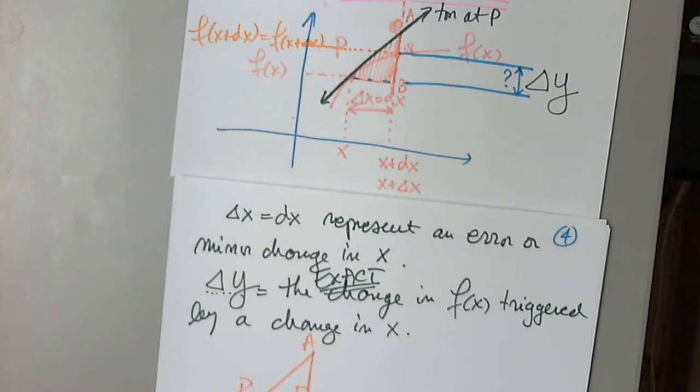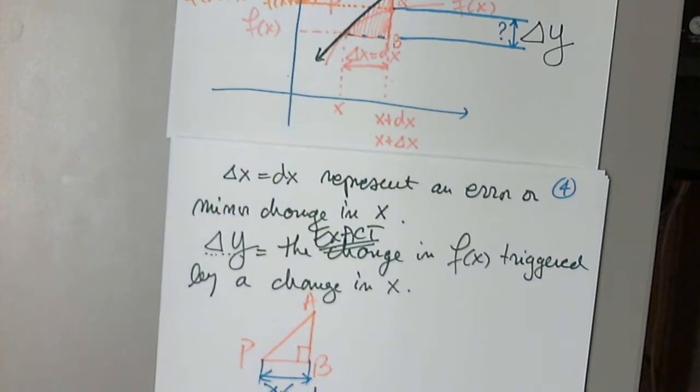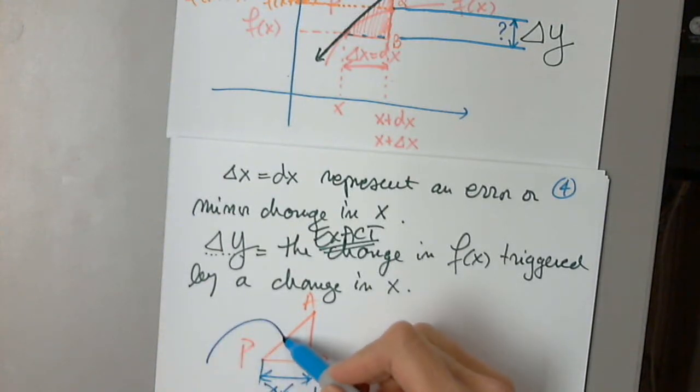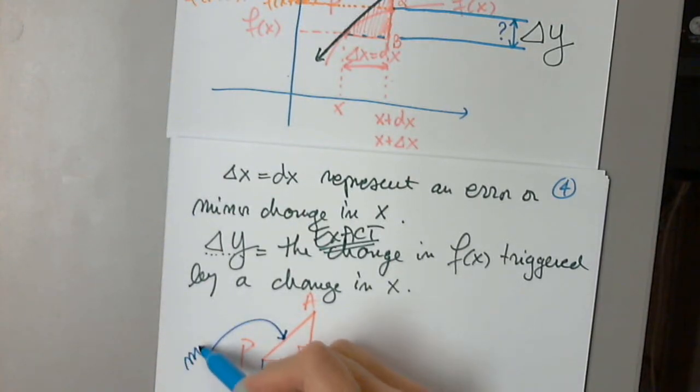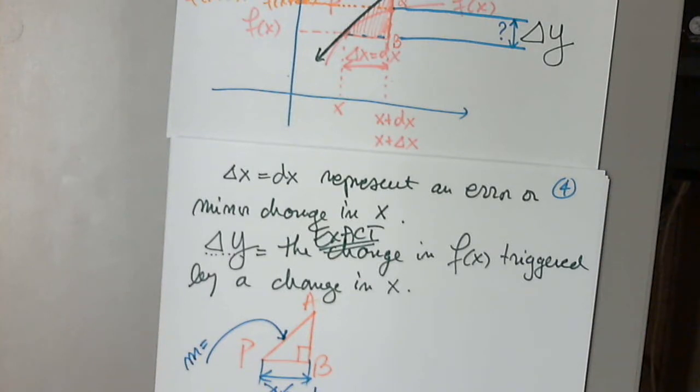Yes, indeed, dx. Then what is the slope of this line? Remember, it is the tangent line through P to the graph of the function f. So if that's the tangent, what is the slope of this tangent?